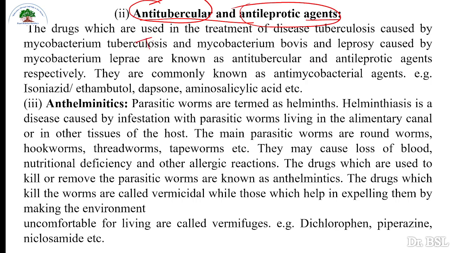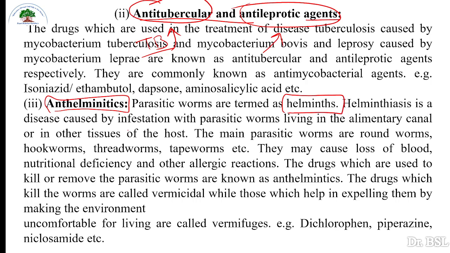So against TB, tubercular condition, anti-TB drugs, anti-tubercular. And leprosy is the disease against which anti-leprotic agents are used. Then the third one, anthelmintics. Parasitic worms are termed as helminths.